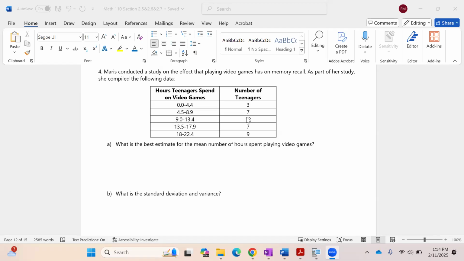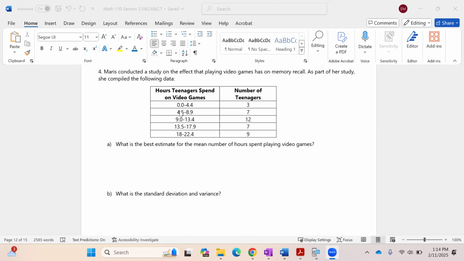So, what is the best estimate for the mean number of hours spent playing video games? Since we have a frequency table and it's asking us for the best mean, and successively the standard deviation and variance, we need to get two lists. We need the hours spent to be our list one, and the number of teenagers to be our list two.